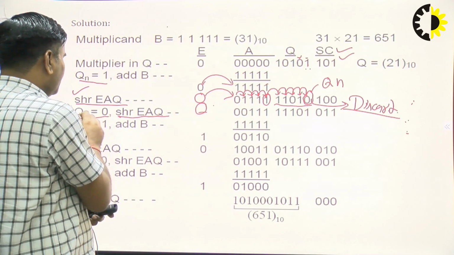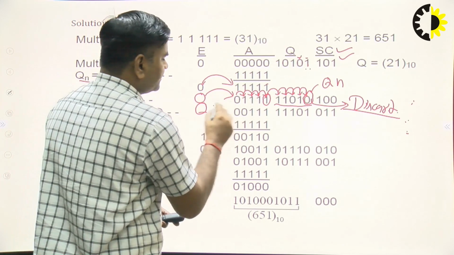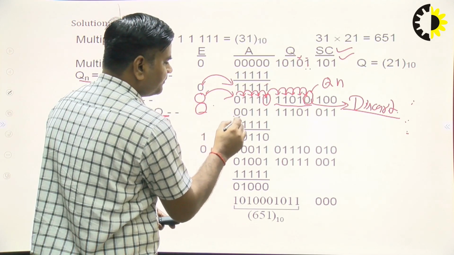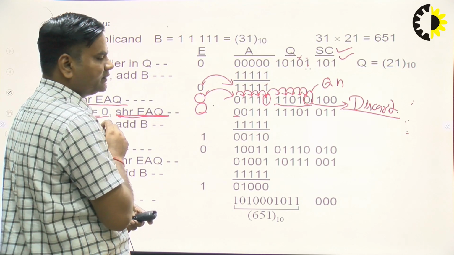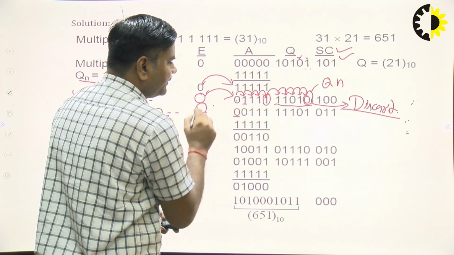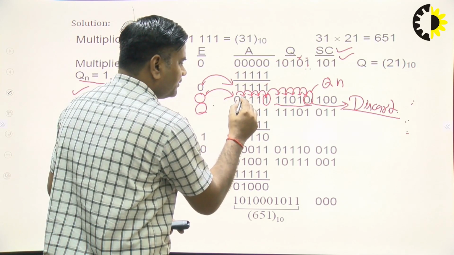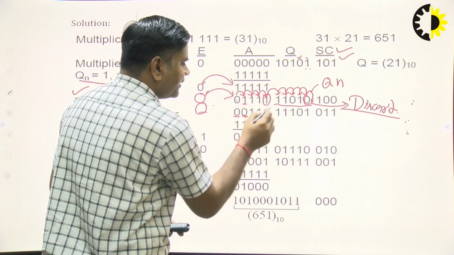After applying the shift right EAQ, this 0 is placed here. So here we can write 0. This 0 goes to this position. So here we write 0. Similarly, each bit shifts one position.